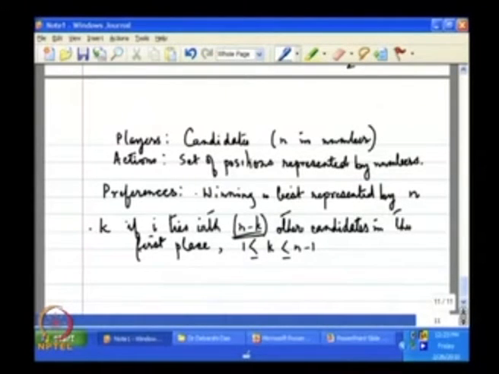So, there are two winners here, and if there are two winners, the payoff that each of them gets is given by n minus 1, and this payoff goes on declining as the number of people who are tying in the first place goes on rising.